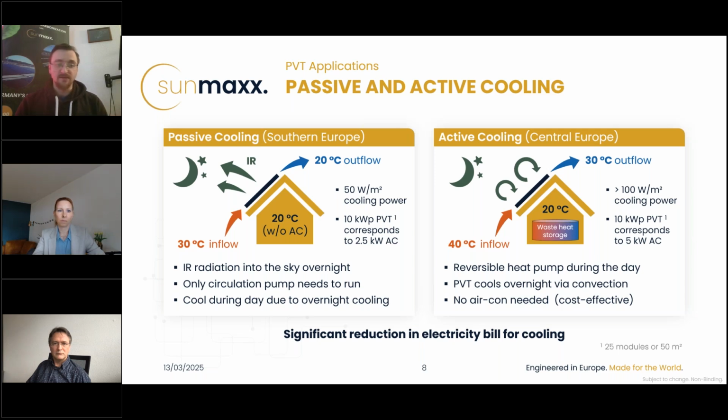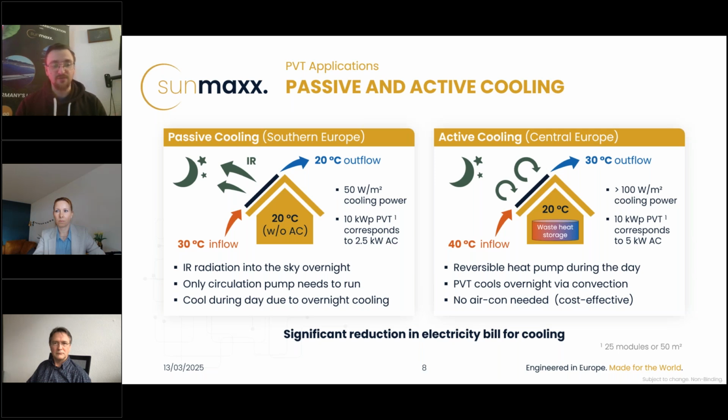So we have the possibility of passive cooling, or we can also use the heat pump in reverse mode for active cooling of the building. That means no air conditioning is needed, and that is a bonus.